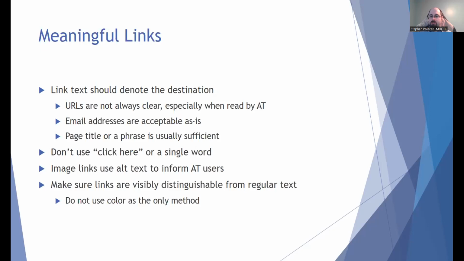URLs aren't always clear, especially when they're read aloud by AT. So adding that link text is usually a better option. If it's something simple like our website, the initial homepage, ndod.maryland.gov. Very simple, that can work fine as its standard link text.